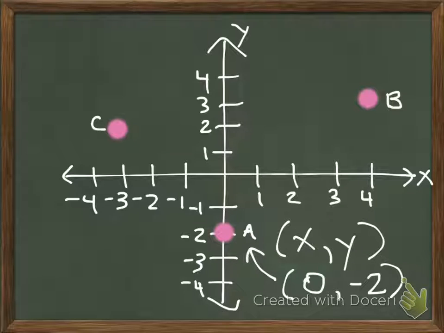Letter B, we go 4 from the origin. So the origin, I mean, is the very middle right here.